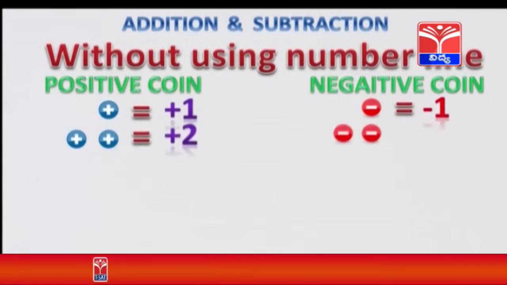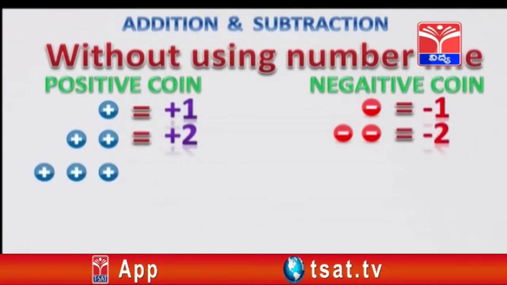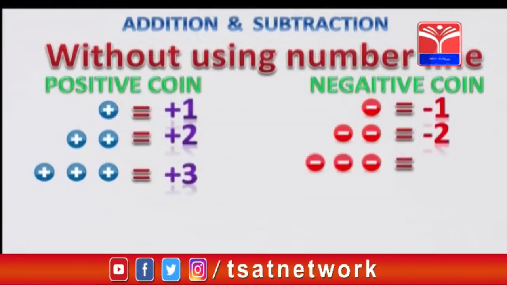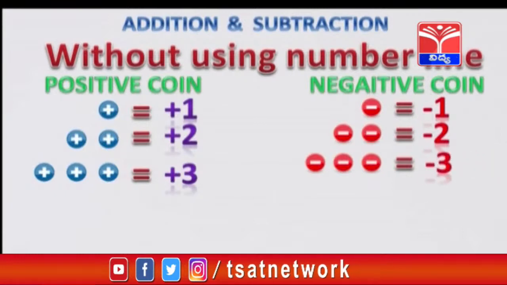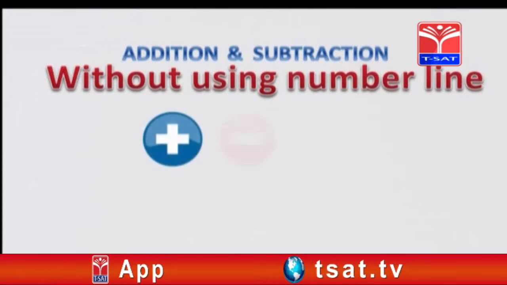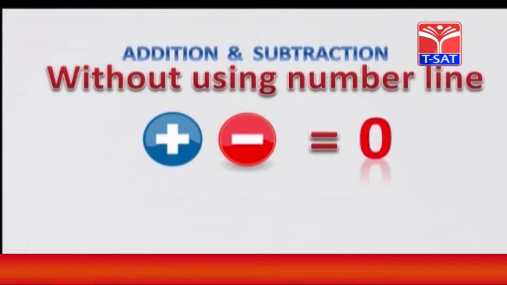If you take 2 negative coins, it is 2 negative ones, simply -2. If you take 3 positive coins, that is +3, and similarly 3 negative coins, -3. And remember this important relation: positive and negative coins together give nothing, 0.